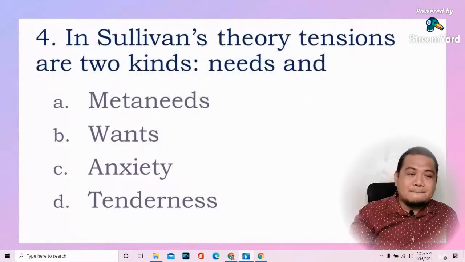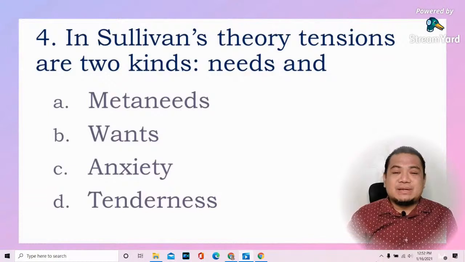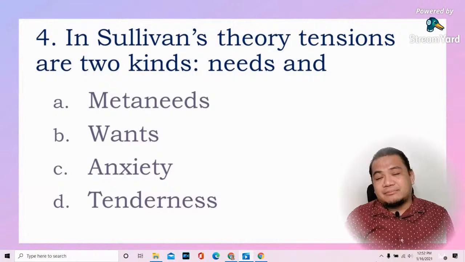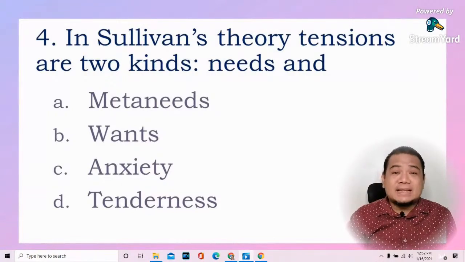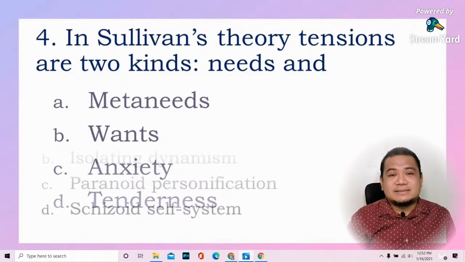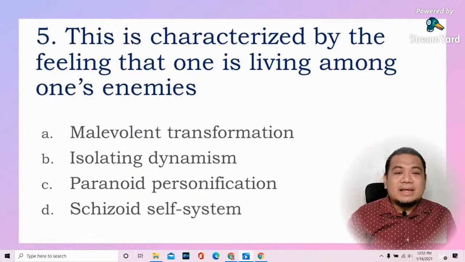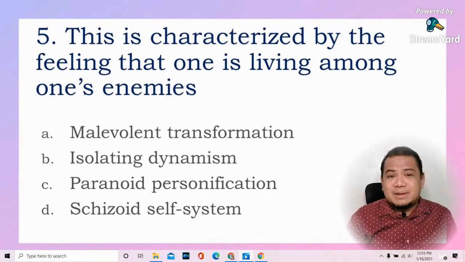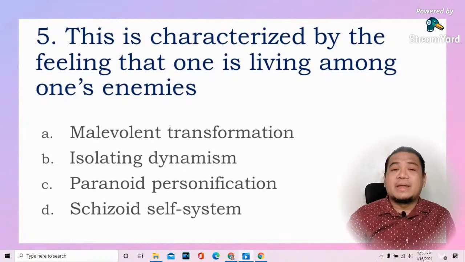Number 4. In Sullivan's theory, tensions are two kinds, needs and blank. A. Meta needs. B. Wants. C. Anxiety. Or D. Tenderness. Number 5. This is characterized by feeling that one is living among one's enemy.